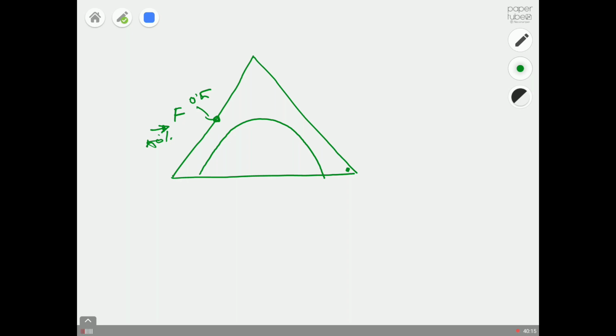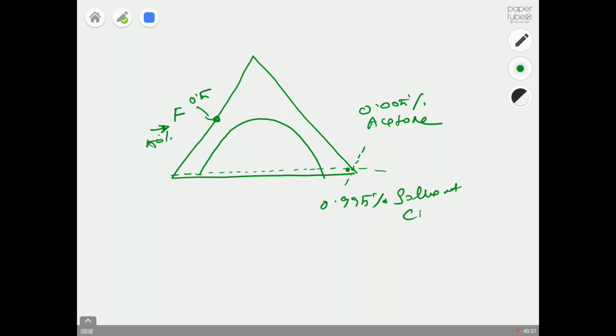It contains 0.005% of acetone, so that will be almost at the bottom of this line. And then 0.995% of our solvent, chlorobenzene. So our S1 point will be here.